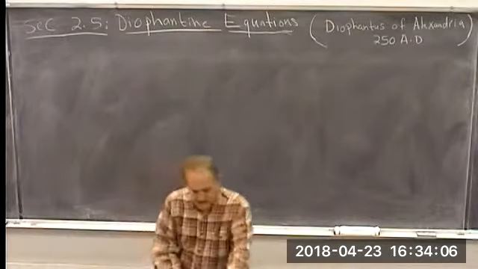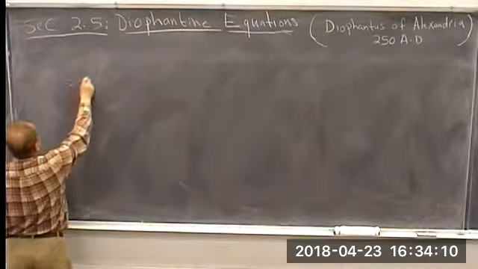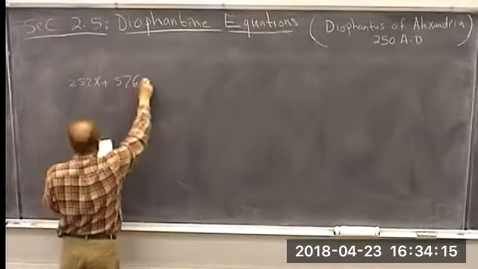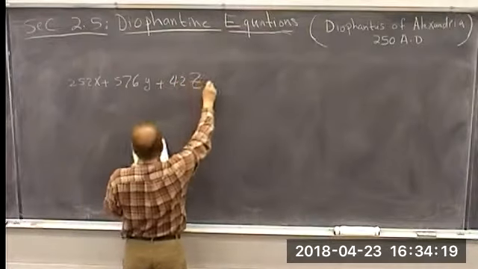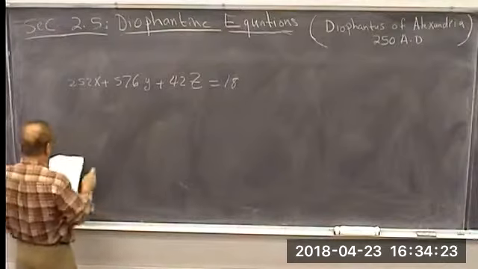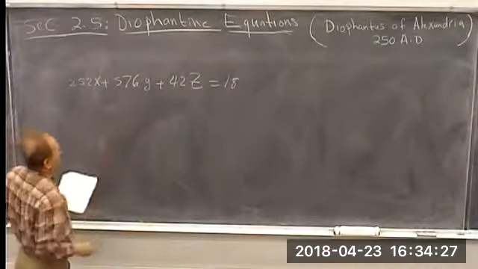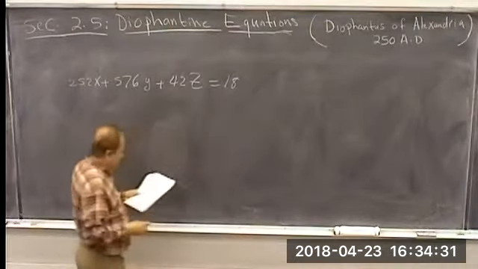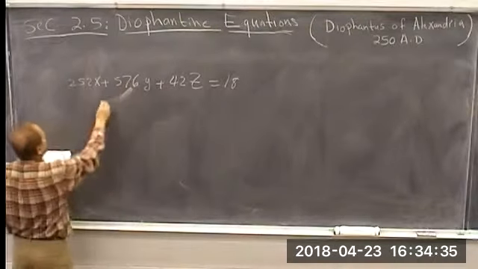Suppose we want to solve this equation, 76y plus 42z is equal to 18. First of all, the greatest common divisor, we can take for all of them and find that it does divide 18. Okay? Then what we want to do, we're going to take the greatest common divisor of these.